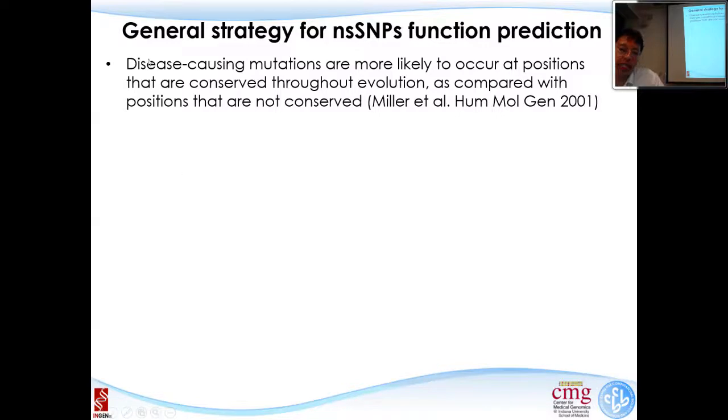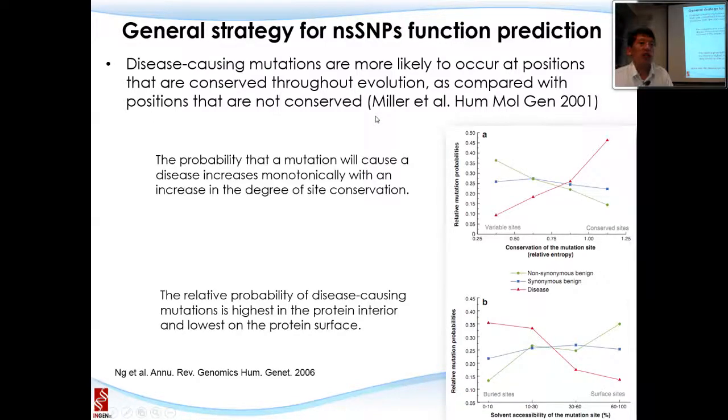And you can see in this conclusion that disease-causing mutations are more likely to occur at positions that are conserved throughout evolution as compared with positions that are not conserved. Here are some of the figures. The top one has 3 different lines. I want you to pay attention to the red line. The red line is the disease-causing mutations, so those are the functional ones.